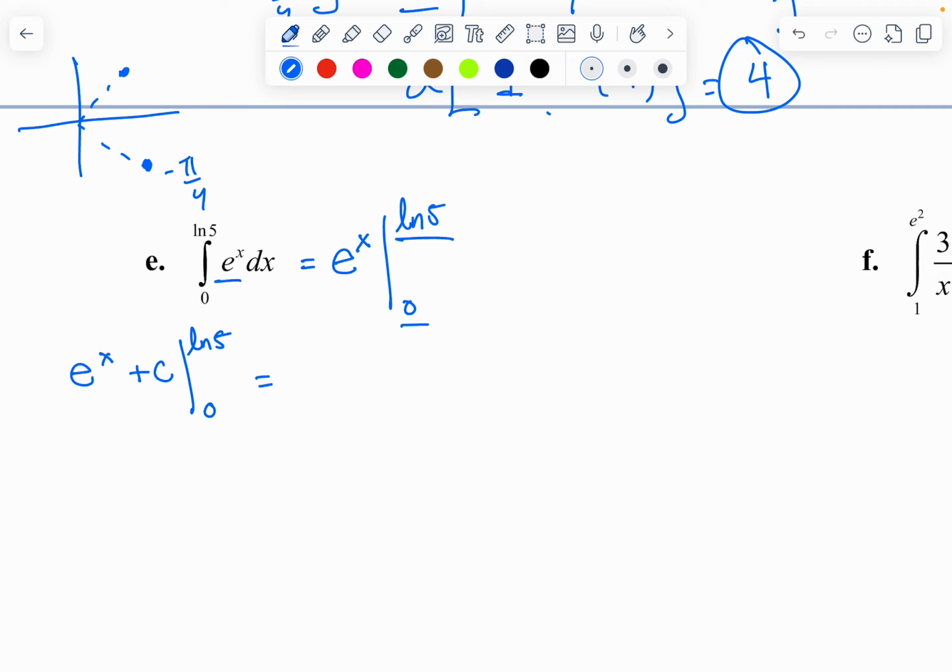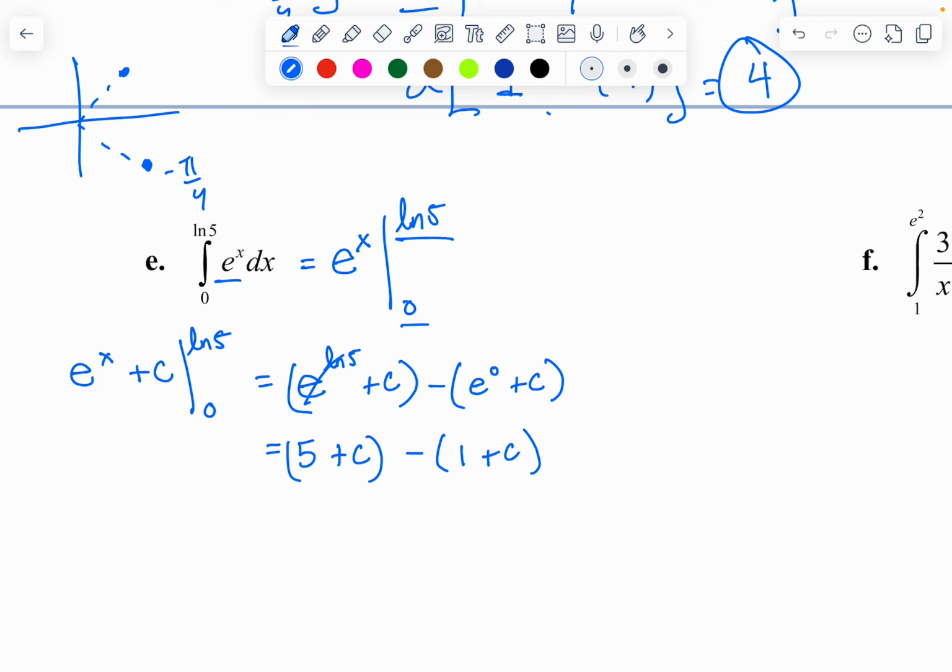Now, when it's definite, you are going to end up with a numerical answer. So this is going to be e to the ln of 5 plus c minus e to the 0 plus c. So e to the ln of 5 is just going to give us 5, right? Plus c minus e to the 0, which is 1 plus c.